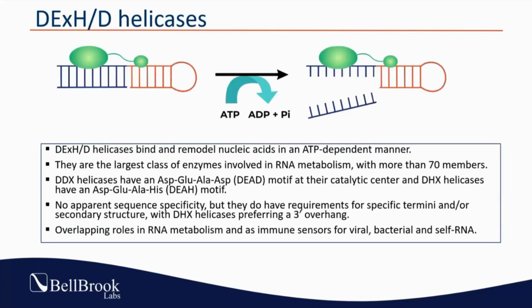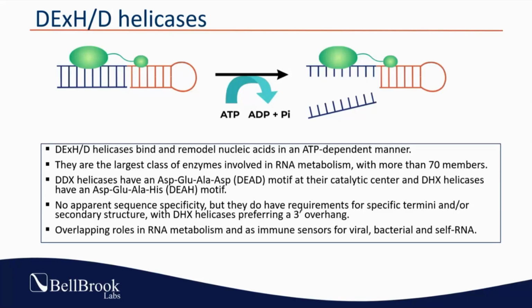So dead box helicases, they bind and remodel nucleic acids in an ATP-dependent manner. So they are helicases in the sense that they cause the unwinding of RNA, but they're not the prototypical helicases that you think of, the processive DNA helicases, where they bind at one end and then process down the nucleic acid strands.